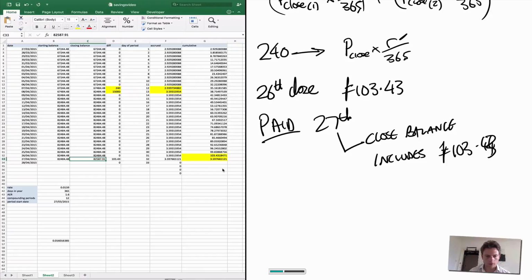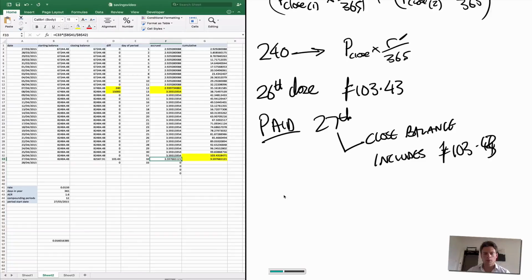And more to the point, you can see that the accrued interest that is part of the calculation for the 27th is slightly higher. It's now 3.97 versus 3.93, right?